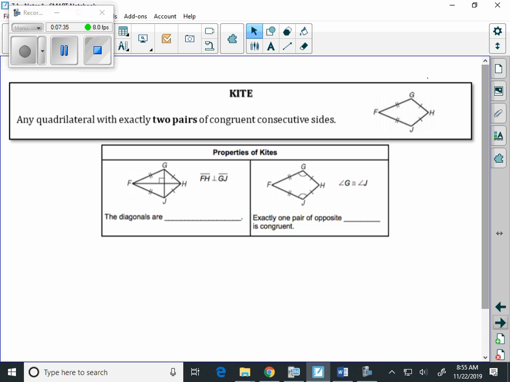There's a couple more pieces of information that we need to know, and here come the diagonals again. What we know in a kite is that the diagonals are perpendicular.